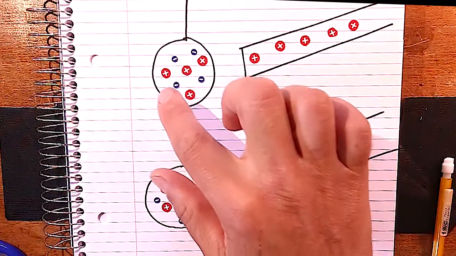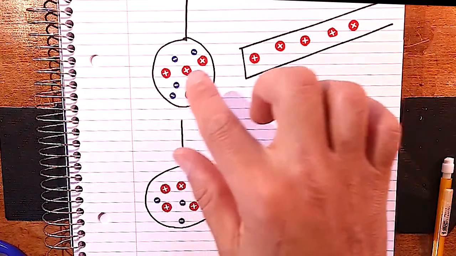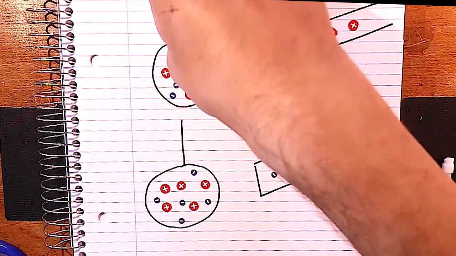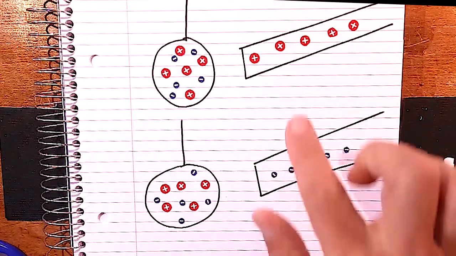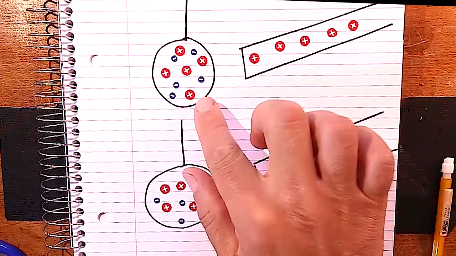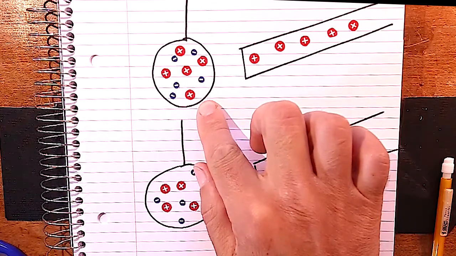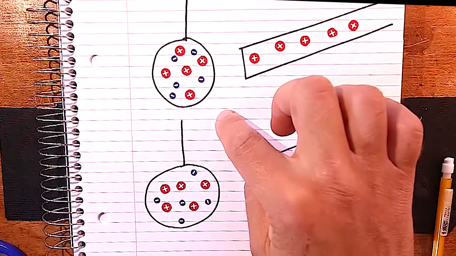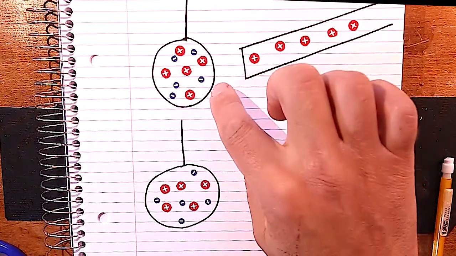So if we count up, we have 5 electrons and 5 protons. I am short 1 proton, I'll put that in there. And when this positive rod comes near the neutral pith ball, the protons are stuck in place in the atom, but the electrons are free to move.